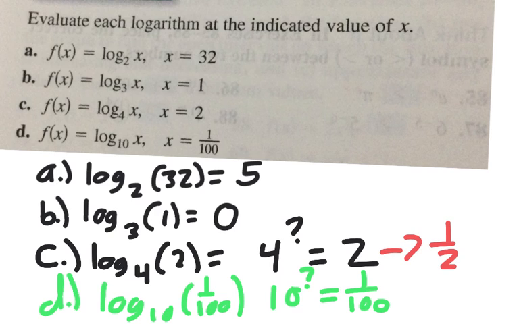So if I have 10 raised to something that's equal to 1 over 100, let's try to rewrite 100 as a power of 10. 100 is 10 squared. So I have 10 raised to what power is 1 over 10 squared?